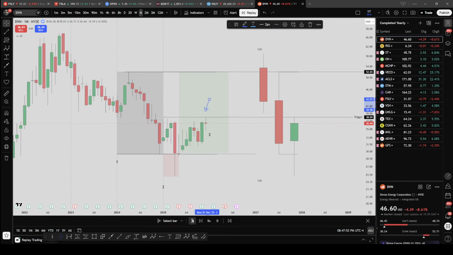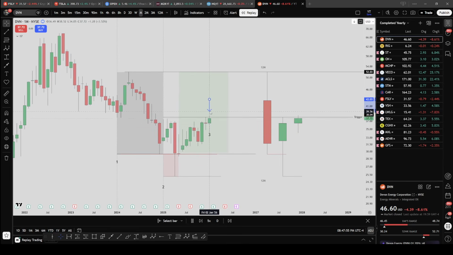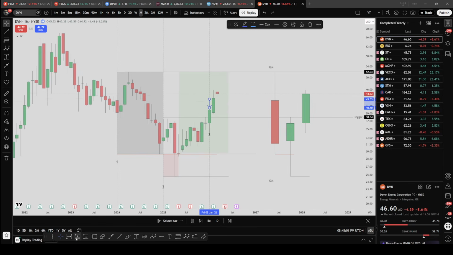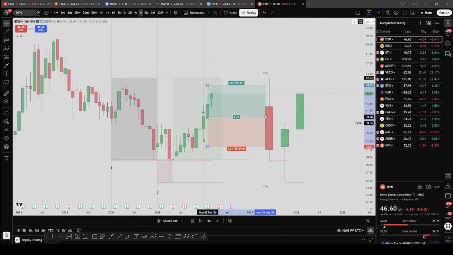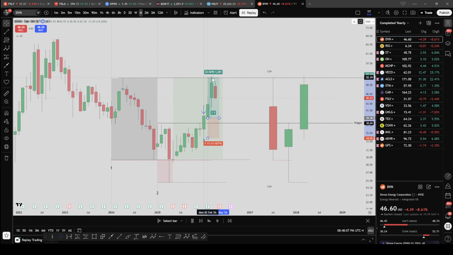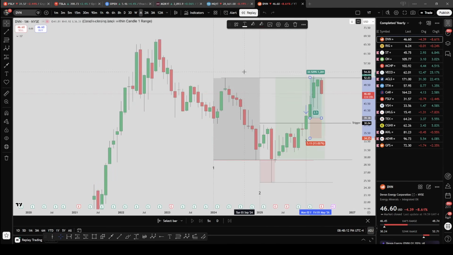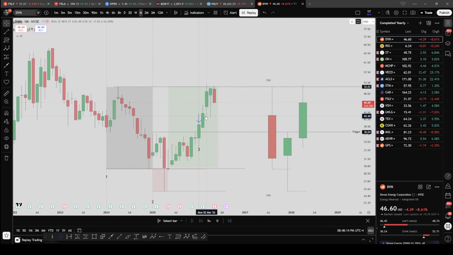Let's see what that looks like when you play it. So no confirmation, nothing yet. Boom, right here is when you get confirmation. So then you can long, and then you put your stop at the current yearly's low. You take it for 32%, or you have options, probably like 80% gain, and then you're done.